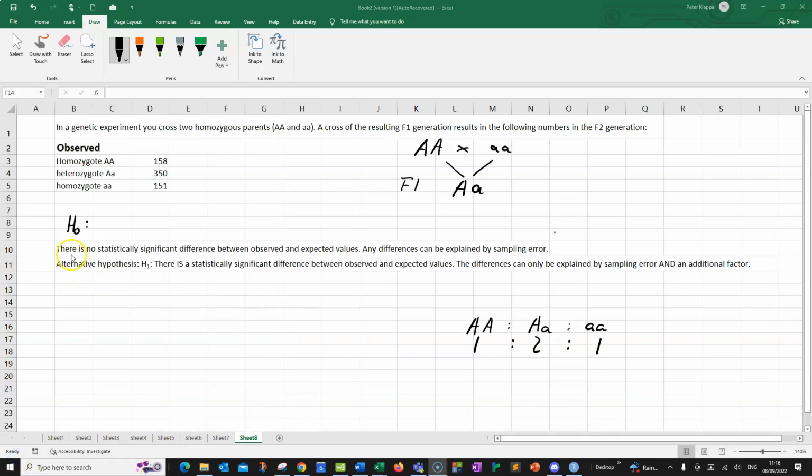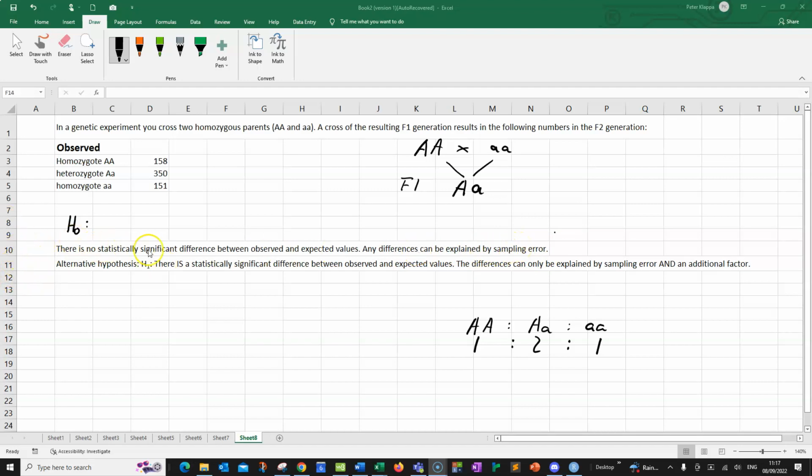So a valid null hypothesis could be: there is no statistically significant difference between observed and expected values, and any differences that we see in these observed and expected values can be explained by sampling error only.